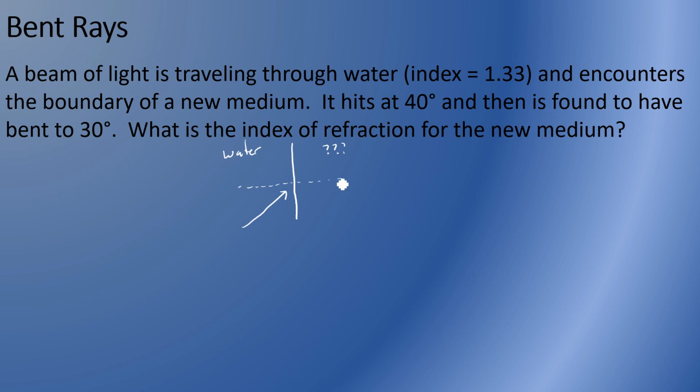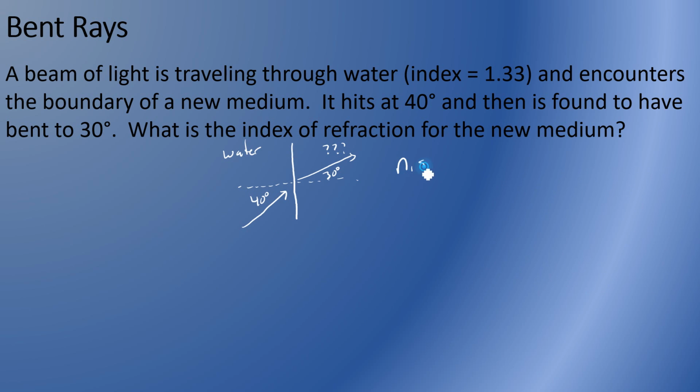Here's our normal, and our incident angle is 40 degrees. And then it's bent towards the normal, so this is 30 degrees. Since it bent towards the normal, we expect an index that is bigger because the light has slowed down.